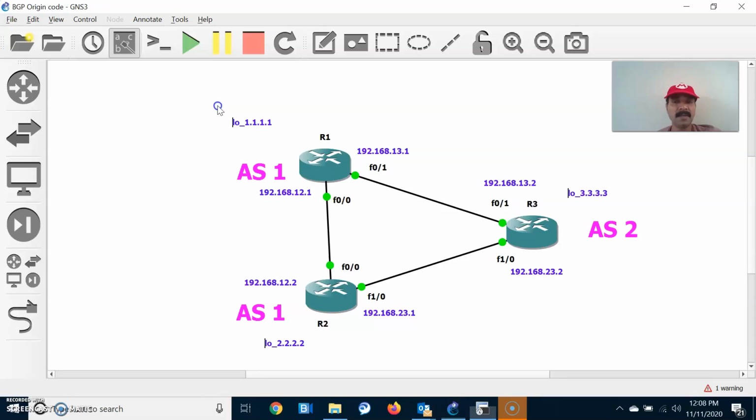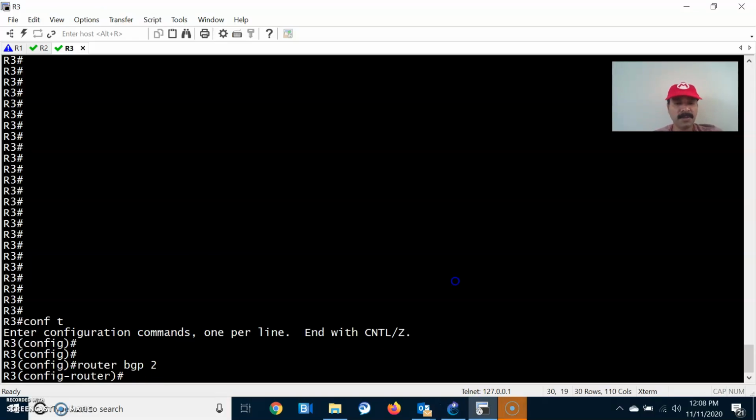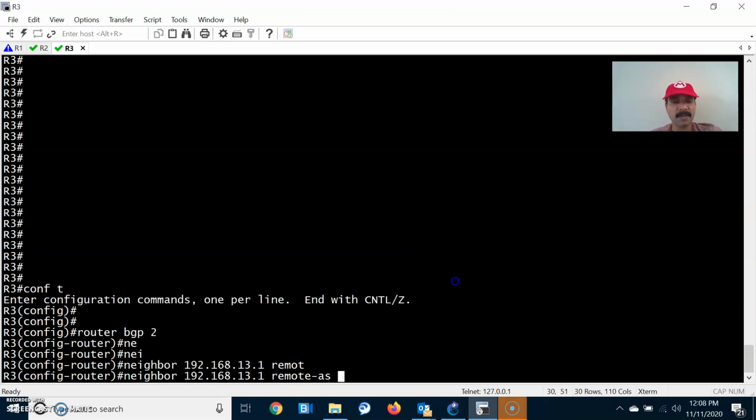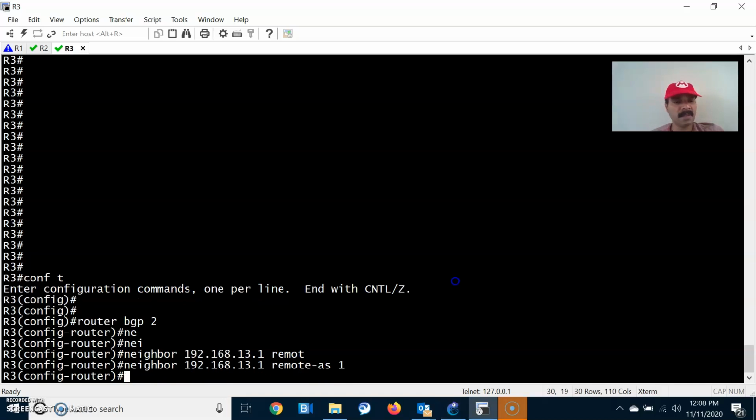So go to R3. It has two EBGP neighbors. So router BGP 2 and the neighbors are 13.1 and 23.1. The neighbor 192.168.13.1 has remote autonomous system value 1, and similarly 23.1 with remote AS 1.